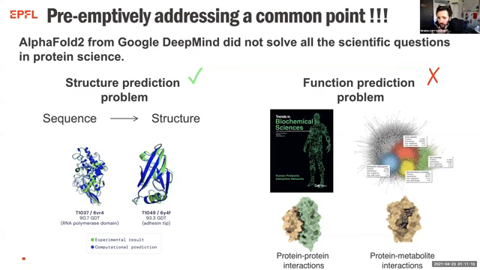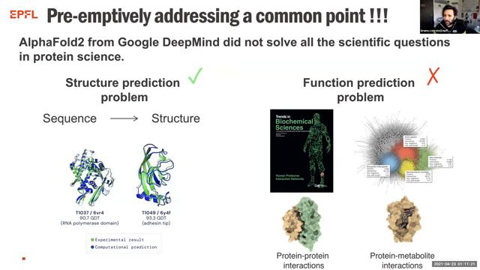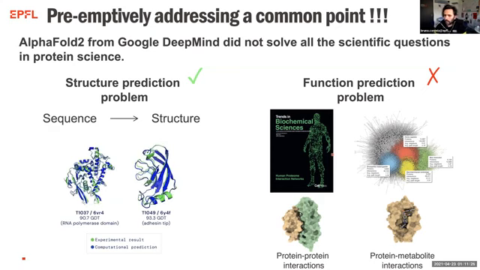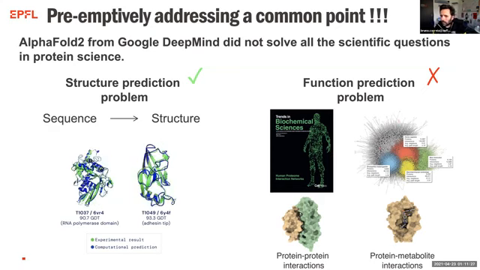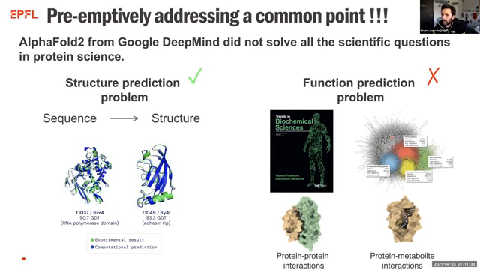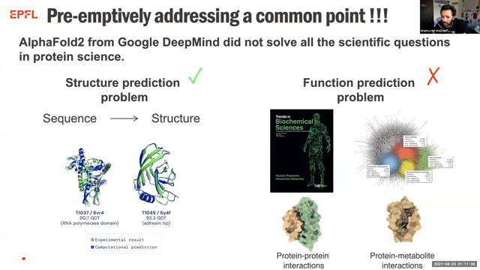So for instance, one of the most important things to ensure that cells work properly is how proteins interact with one another. And here I'm showing you several networks of the protein-protein interactions that have been characterized in different organisms.